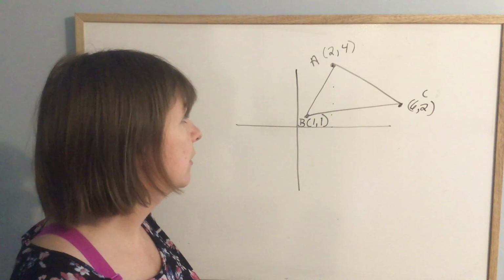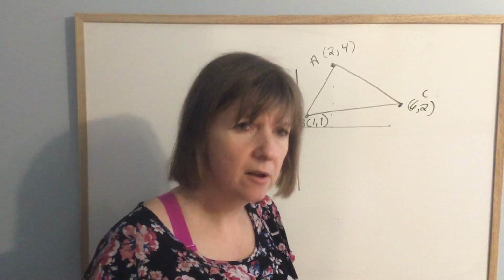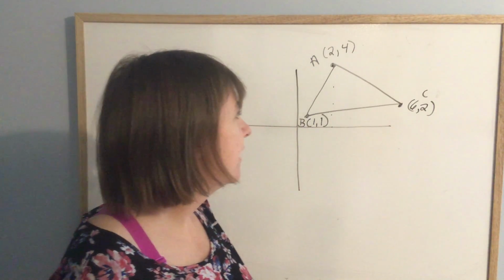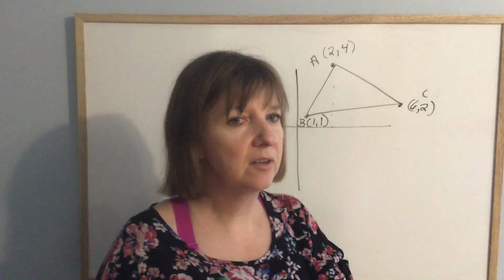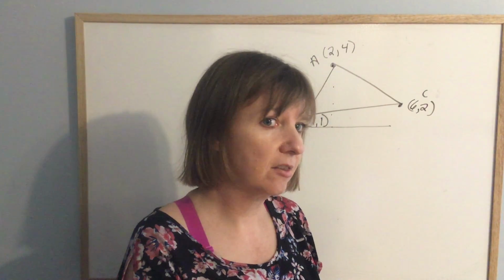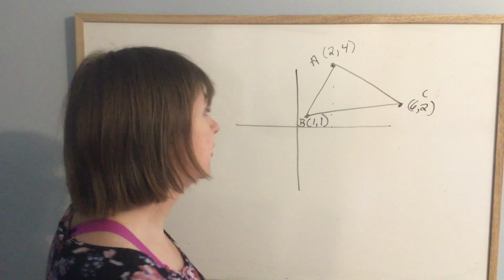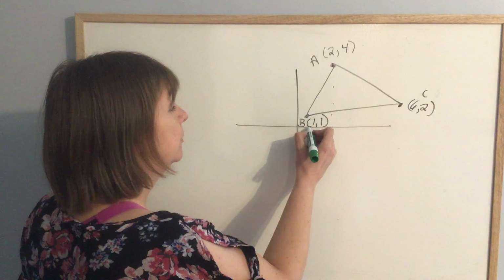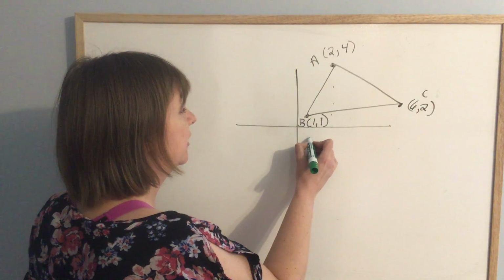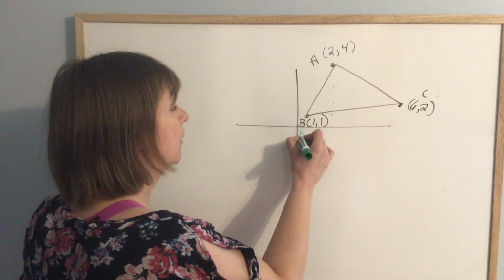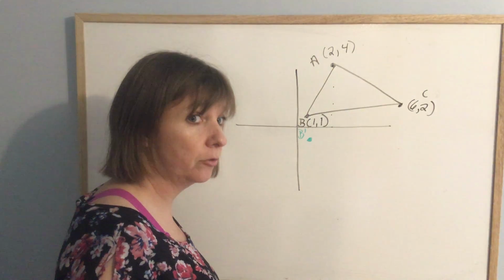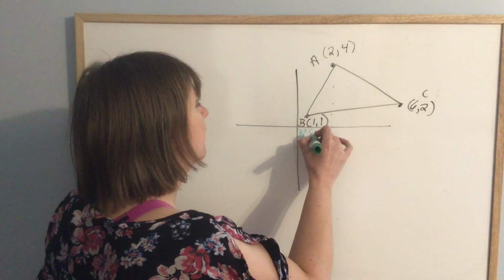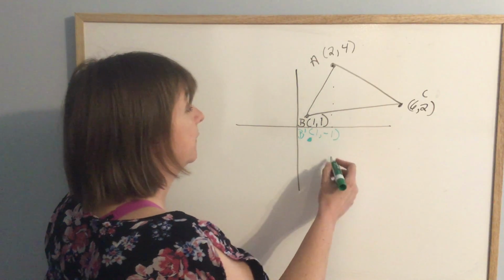We talked about this, I think, on Friday. All my days are running together. I said, if you're reflecting in the x-axis, change the sign on your y's. So you're still going to go forward 1 with the B, but instead of going up 1, you're going to go down 1. So B prime, because the little apostrophe after it is what tells me it's the reflected image, is (1, -1).